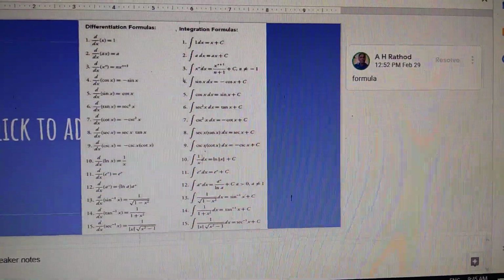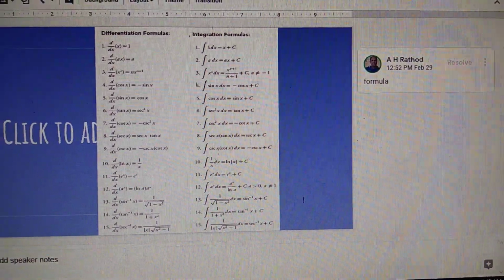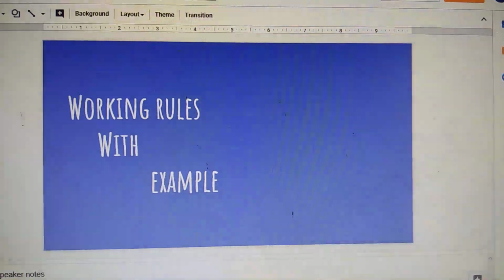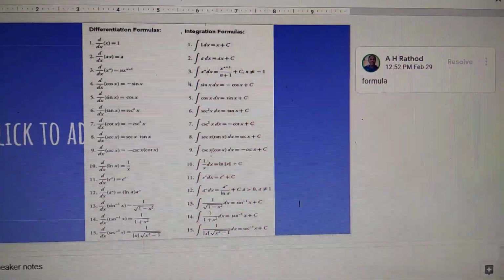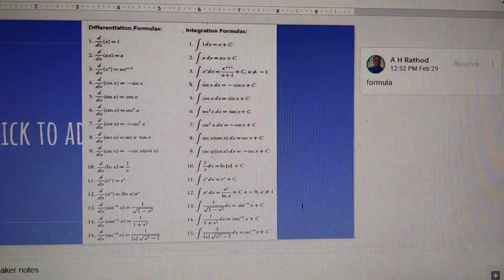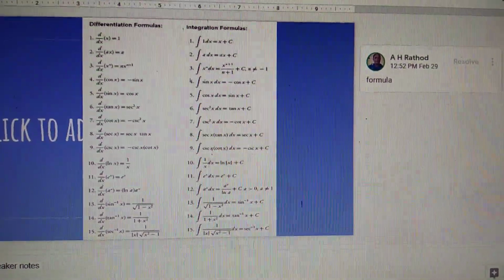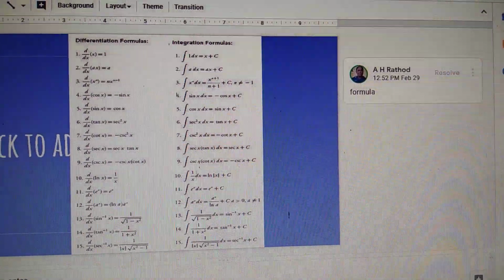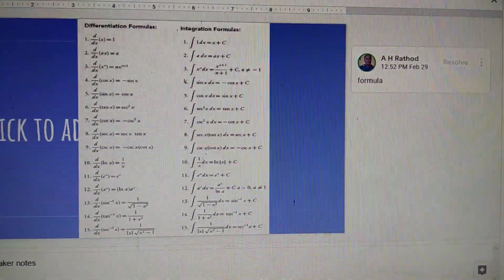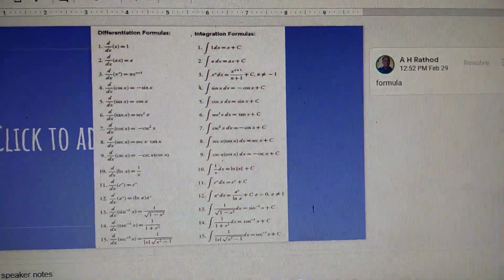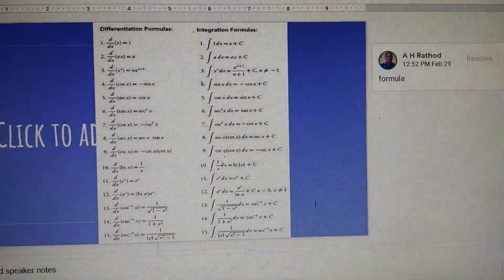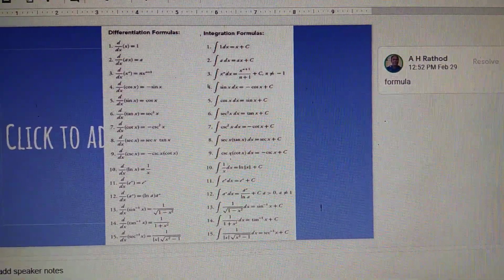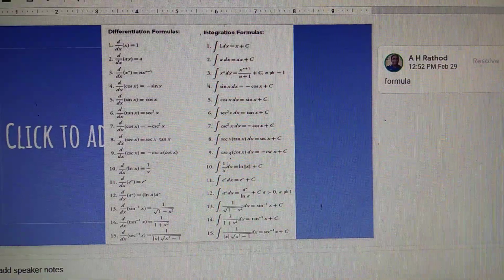For example, the derivative of a constant function is 0. Similarly, the derivative of x is 1. Derivative of x raised to n is n times x raised to n minus 1. Derivative of sine x is cos x. Derivative of cos x is minus sine x. Derivative of tan x is sec square x.